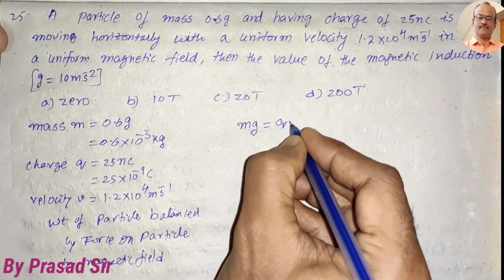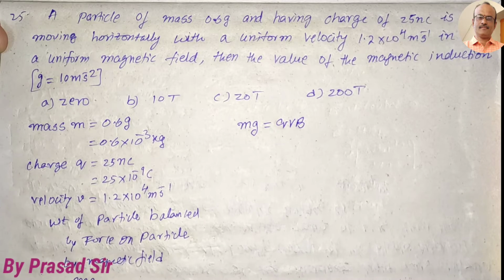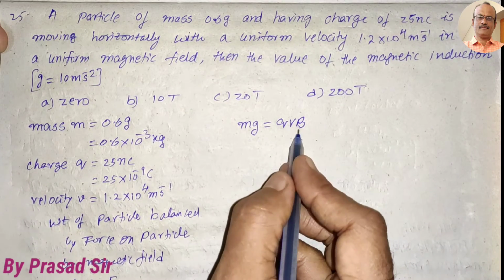The weight of the particle is mg, and the force on the particle by the magnetic field is qvB. That means weight mg is equal to the force, which is qvB.